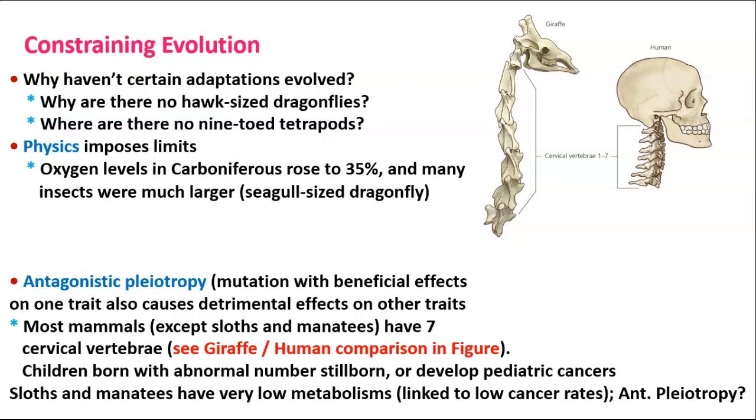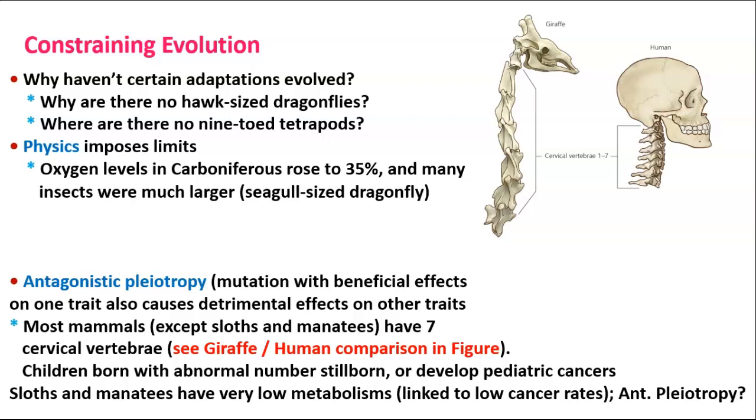So that's the first point here. We can't stretch the laws of physics. We're bound by the laws of physics. So in terms of the hawk-sized dragonfly question, that probably has something to do with oxygen levels.